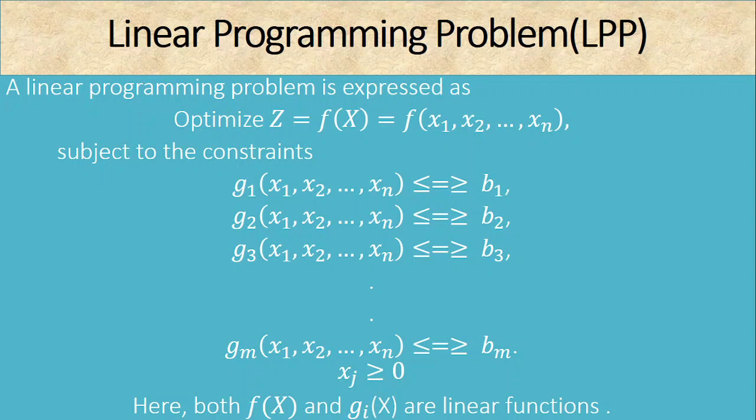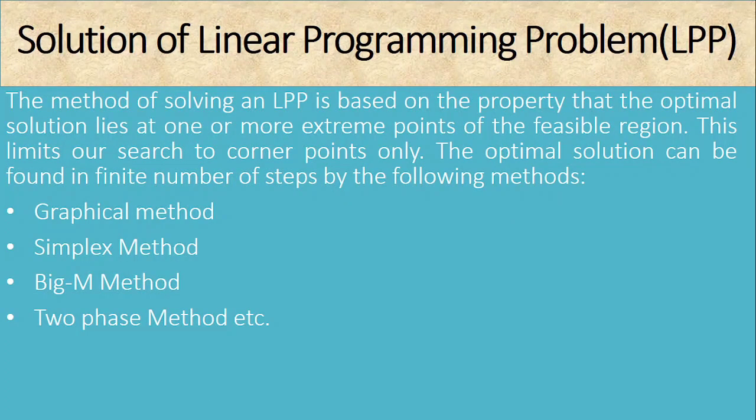So it is assumed in a linear programming problem that the objective function and the constraint inequalities are linear functions of the decision variables. Now, to find the solution of a linear programming problem, we look for the optimal solution at the extreme points of the feasible region.